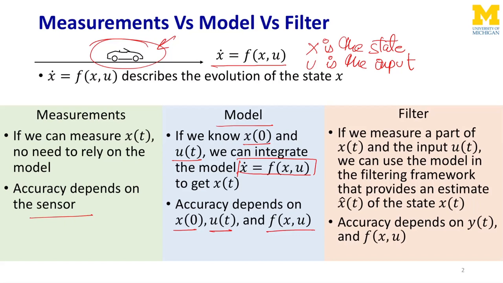If f is asymptotically stable, then your initial condition is not very important, because the effect of the initial condition dies out. If f is unstable, then this approach cannot be used, because any mismatch in the initial conditions is going to lead to divergence of the estimates. And if the function f is what we call Lyapunov stable, then the effect of the initial condition does not blow up, but it also does not go to 0.